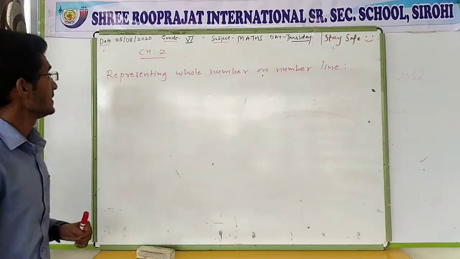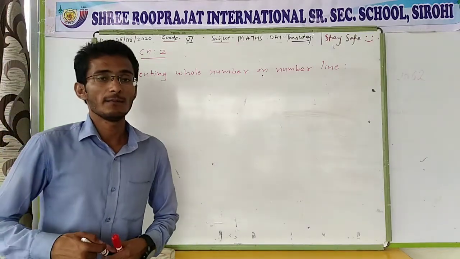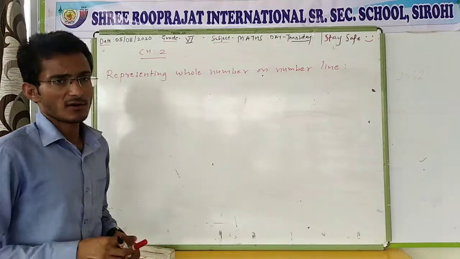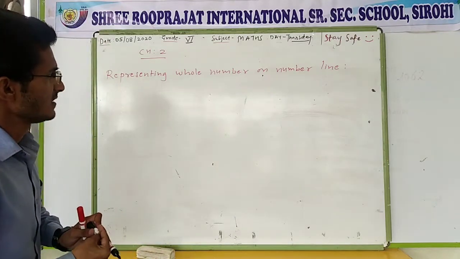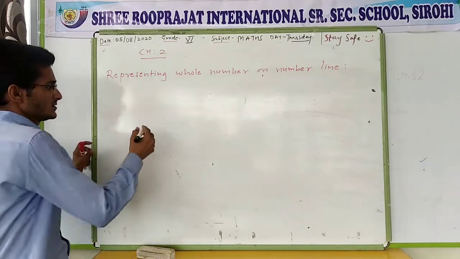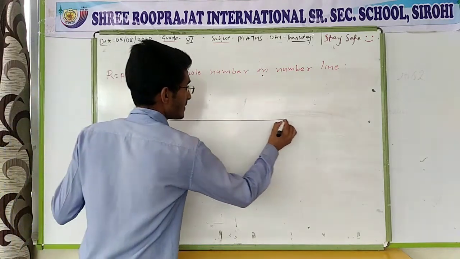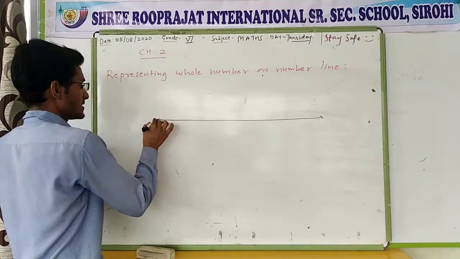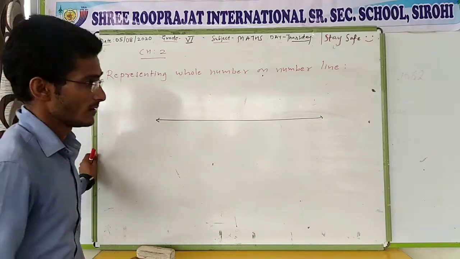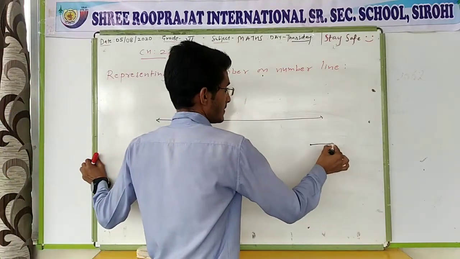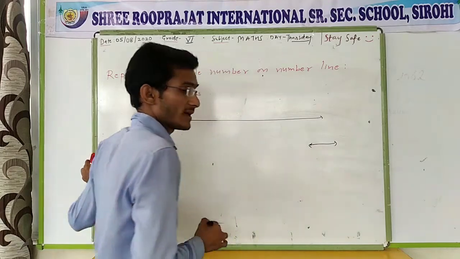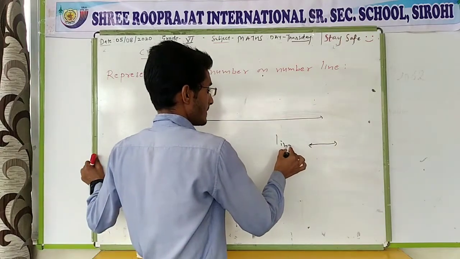The next point is representing whole numbers on a number line. We already learned about the number line in the previous classes. So simply there is one line, and line means in both sides there should be an arrow. In both sides there is an arrow, that means it is a line.